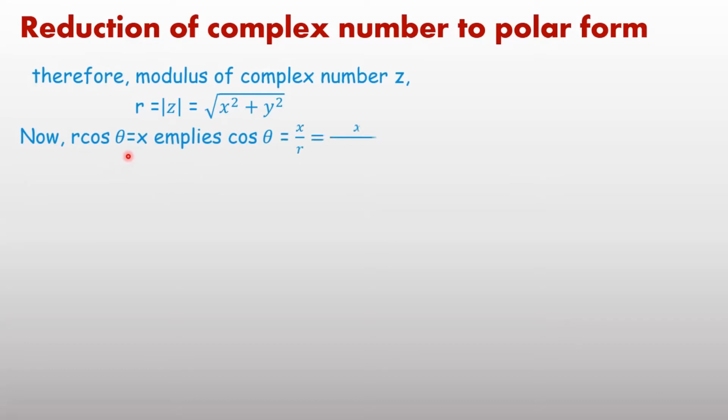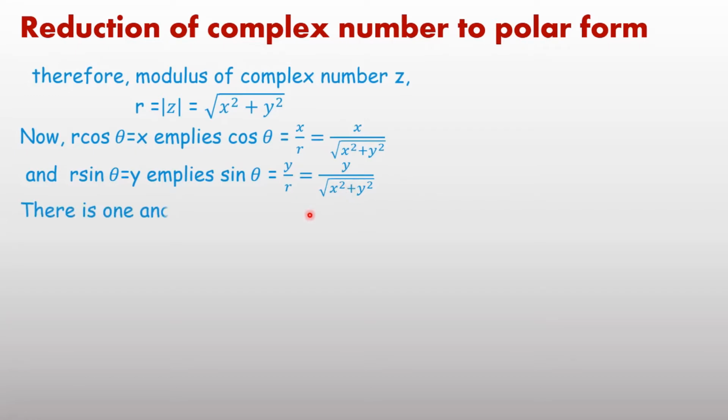Now r cos theta equal to x implies cos theta equal to x upon r, and the value of r is under root x square plus y square. In this pattern, we can find the value of cos theta. Similarly, sin theta equal to y upon r, put the value of r, y upon under root x square plus y square. In this process, we can find the value of cos theta and sin theta.